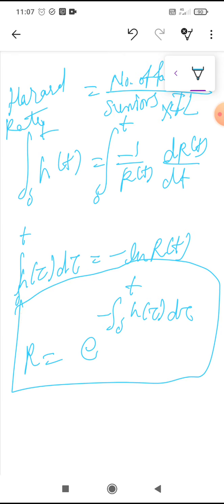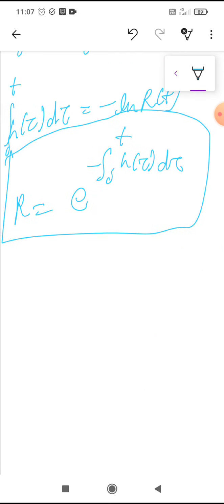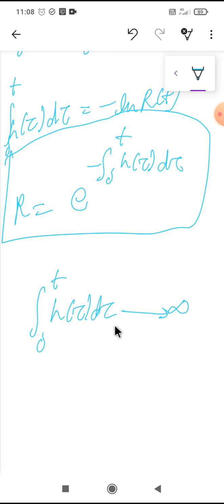Some properties of the hazard rate are valuable for understanding reliability, which we can also prove. One property I would like to mention is that the integral from time 0 to t of h of tau d tau tends to infinity when time t tends to infinity.